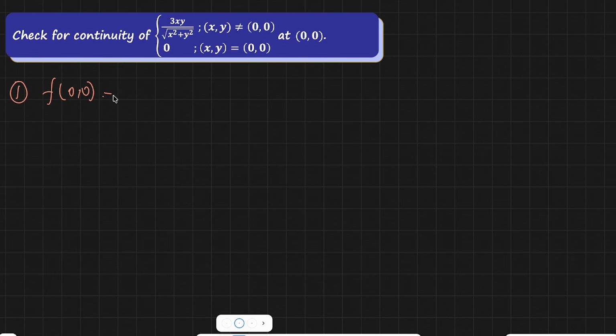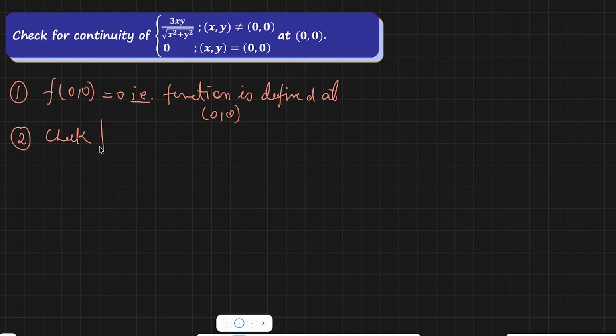That is given 0. It means my function is defined at 0 comma 0. Now again, check for the limit at 0 comma 0.